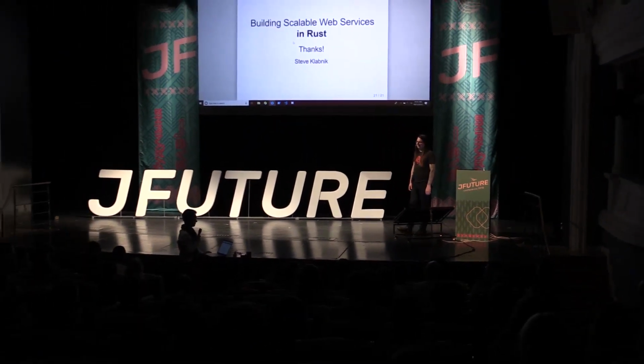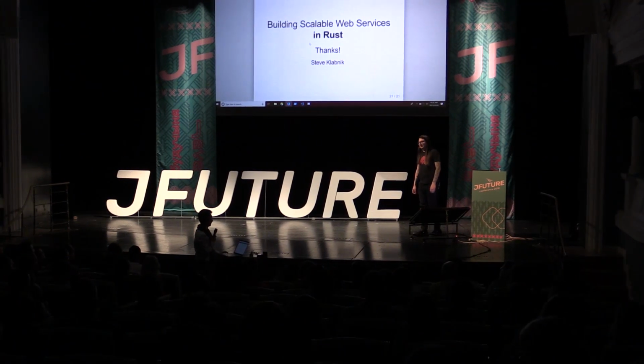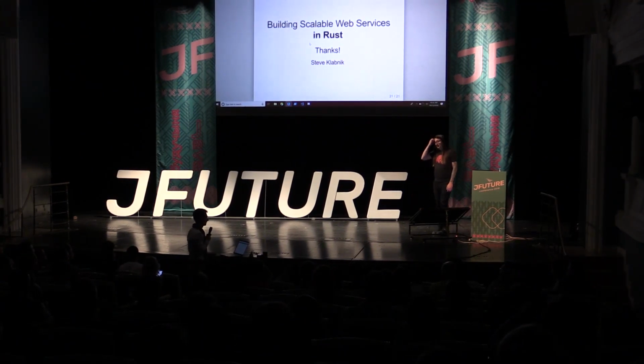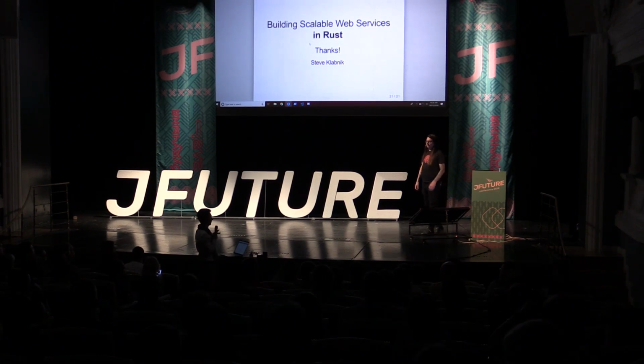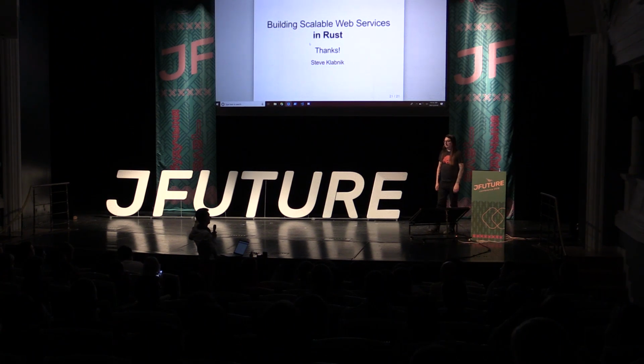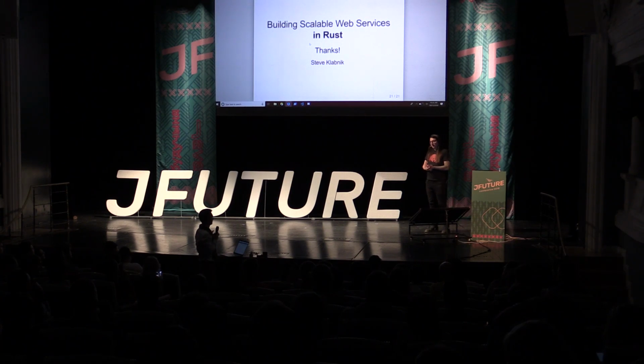So the first one is about struct. If you declare a struct and then write implementations in different places in the code, as I understand, you can write different impl blocks in different files, right? Yes. So how can you avoid accidentally overwriting some methods? This is a good question.